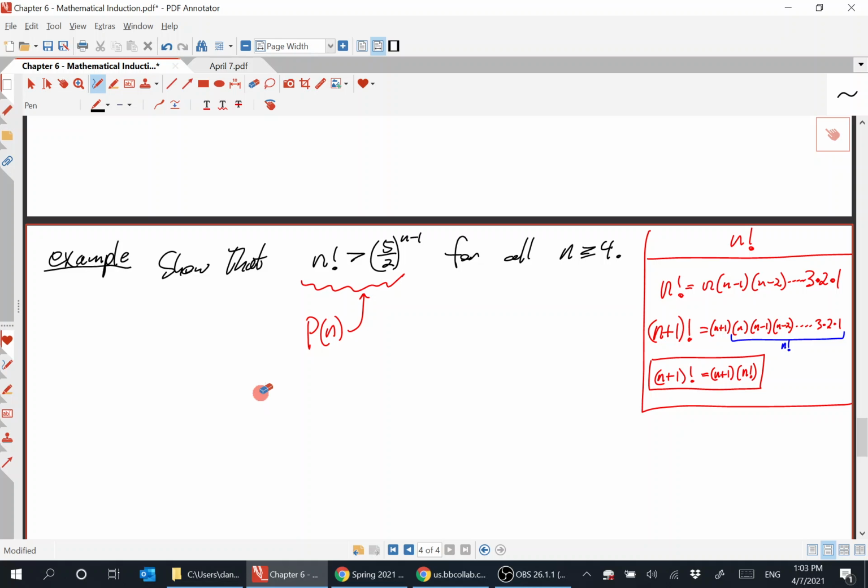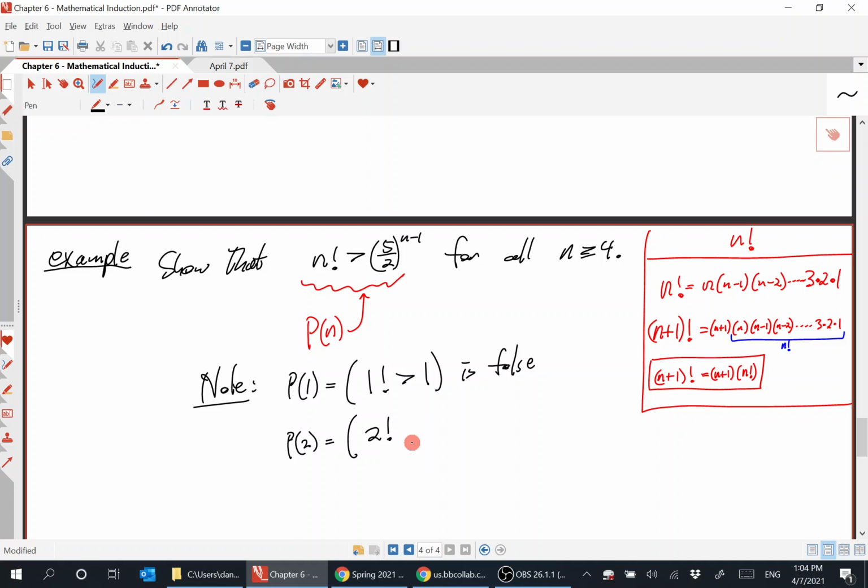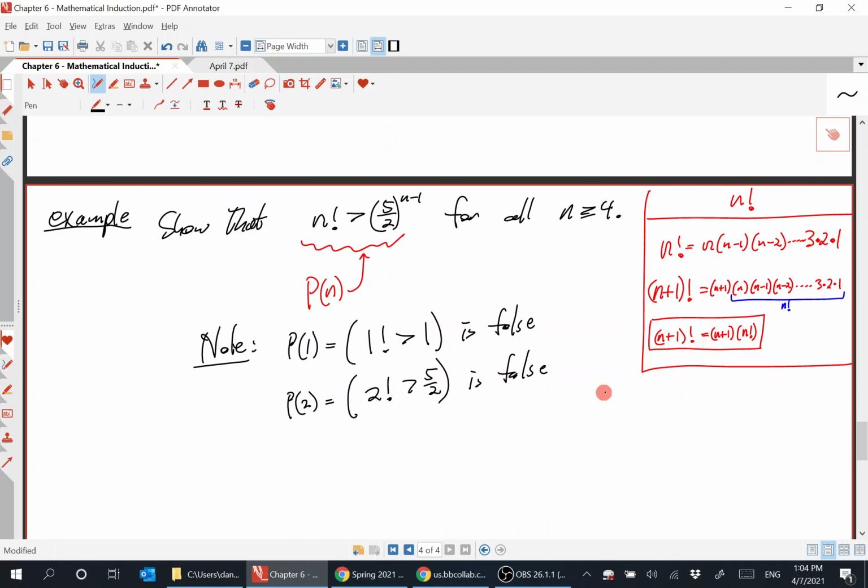Note, by the way, P1 is equal to the statement that 1 factorial is greater than 1, right, which is false. P2, which is equal to 2 factorial, is greater than 5 halves. 2 factorial is 2. 5 halves is 2.5. That's false too.